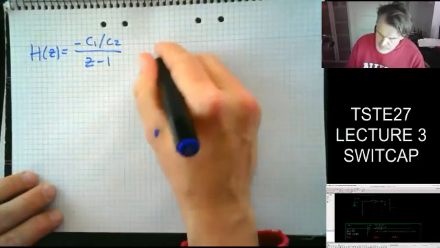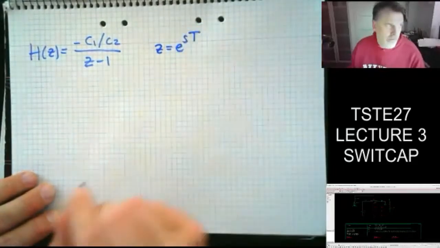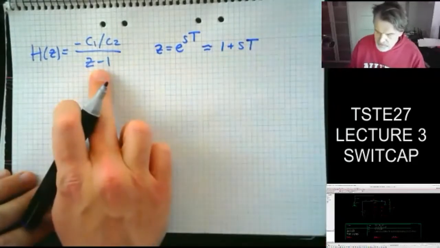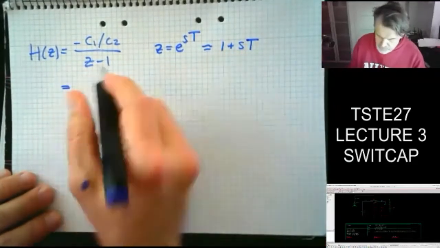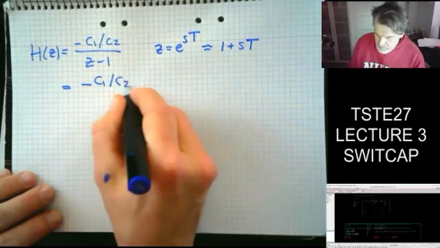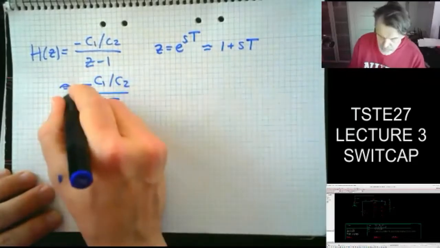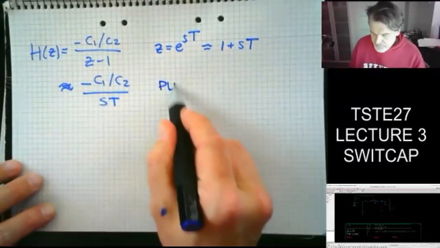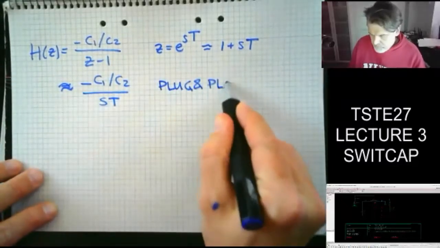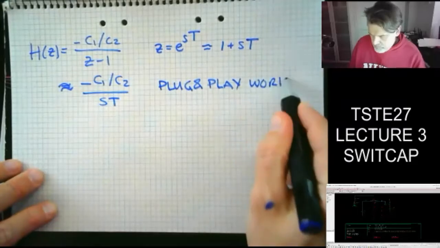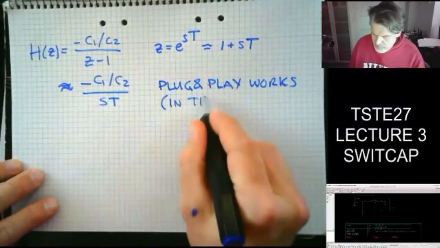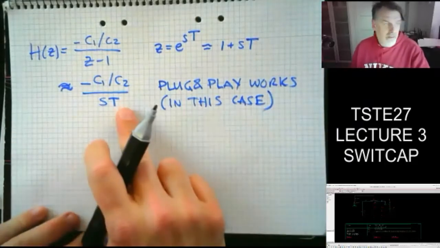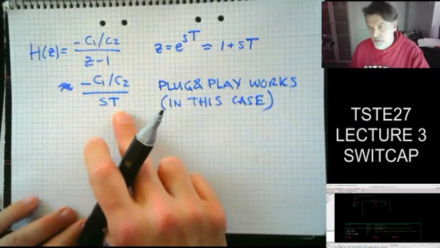And z is equal to e to the sT, which is approximately 1 plus sT. So z minus 1 is going to be sT. And that's then in the continuous time approximately equal to that. So we see that the plug and play works in this case. And that's mainly because we didn't have any charge sharing on the capacitor.